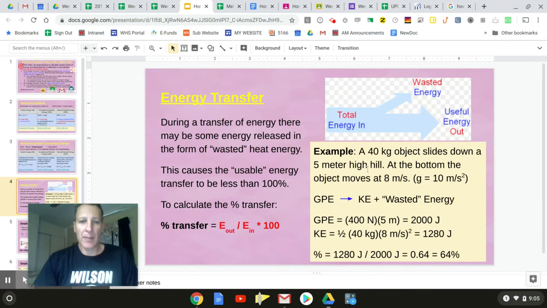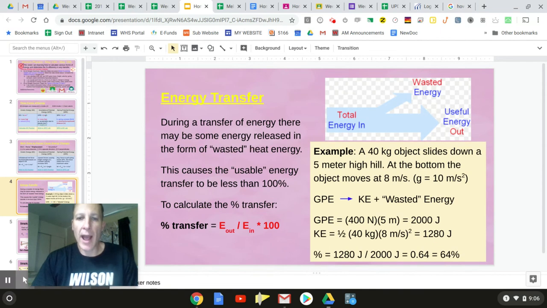As an example, if we had an object at a high height, all right, it's storing GPE, and then it moves down a hill, it will be changing its energy from GPE to KE. In that process, the object is probably encountering some friction down the hill, and some of that energy transfer will involve energy released in the form of heat. All right.